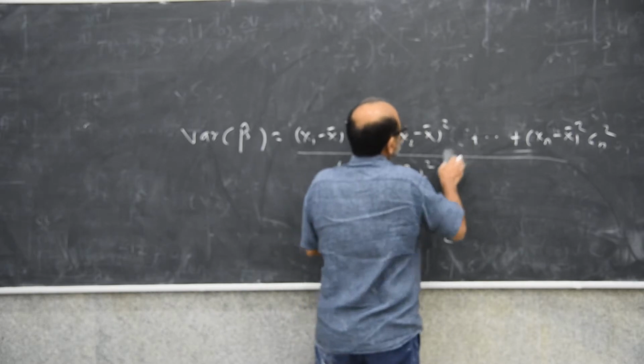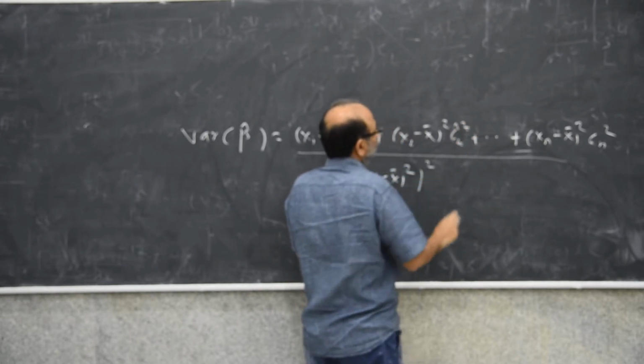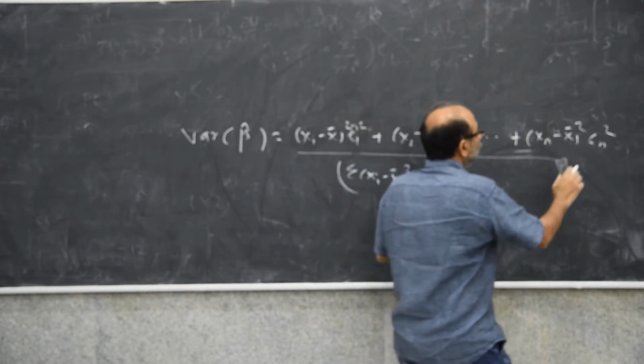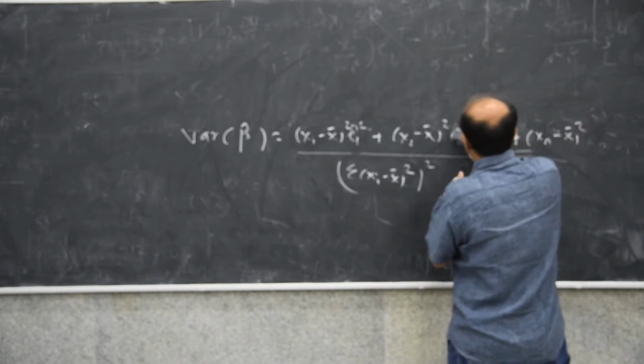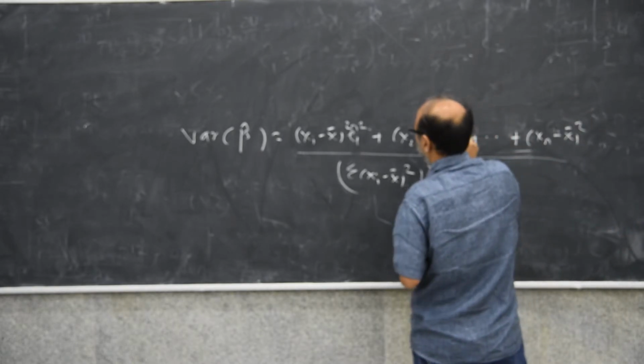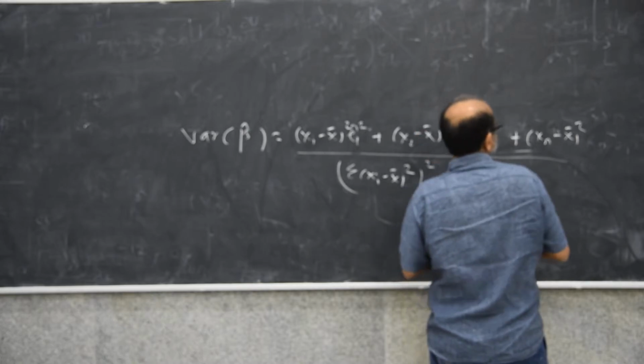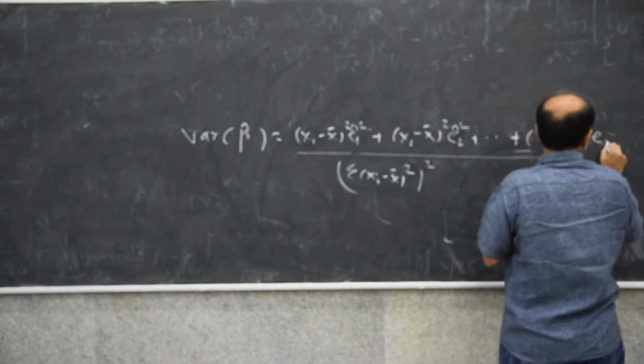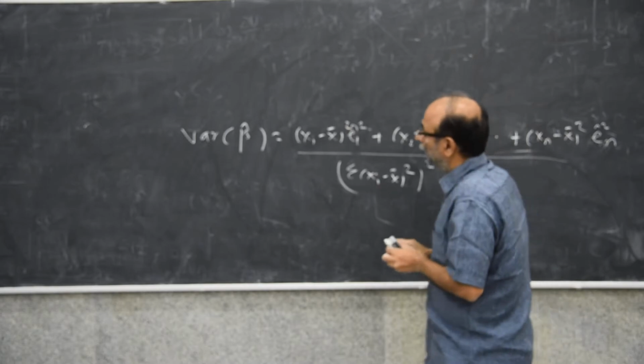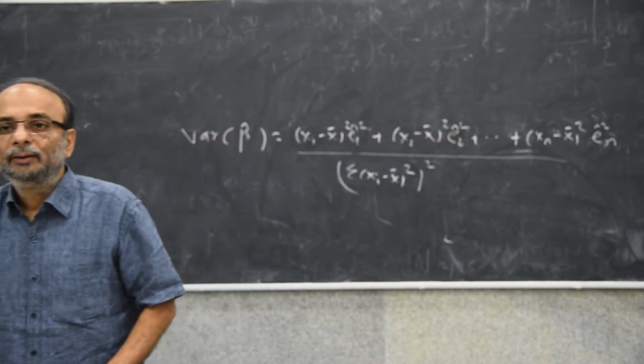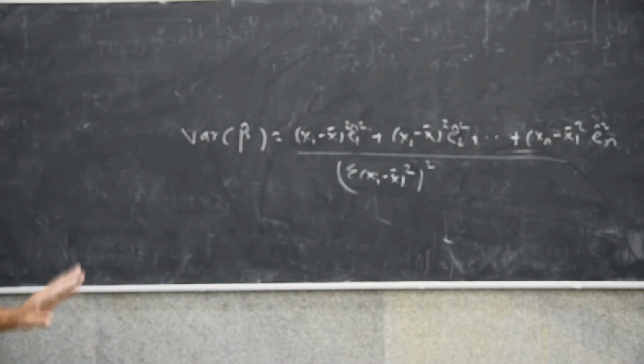Similarly sigma 2 square is replaced by E2 hat square. This is a very simple approach that one can take.